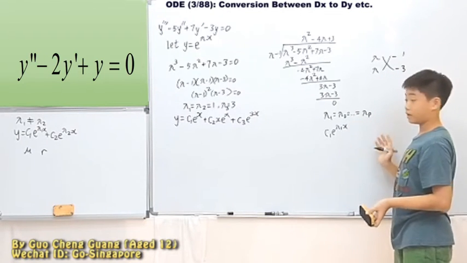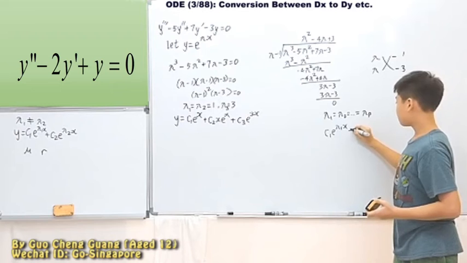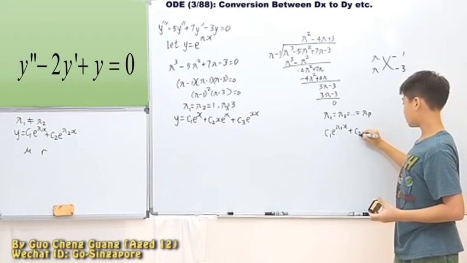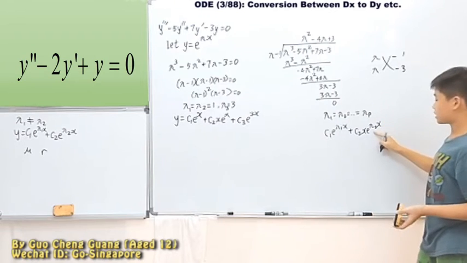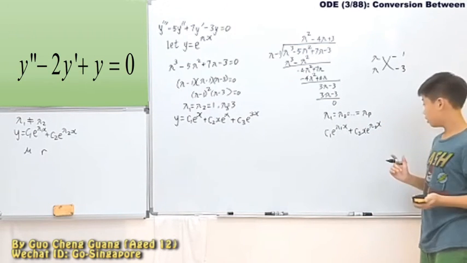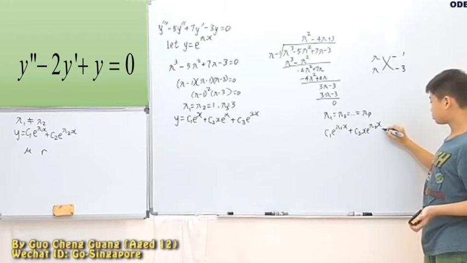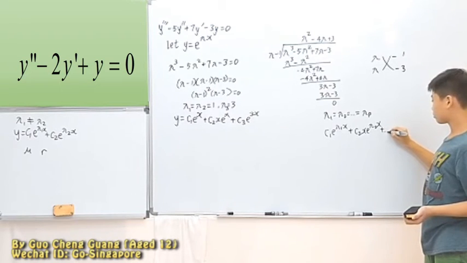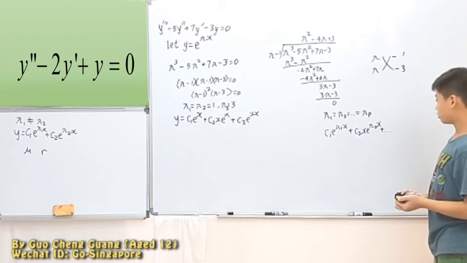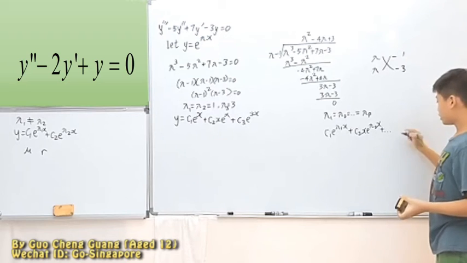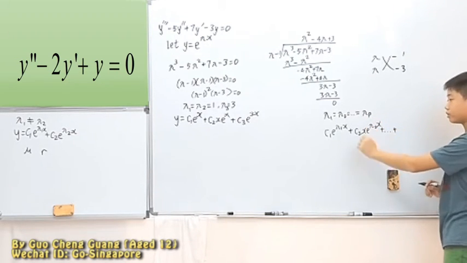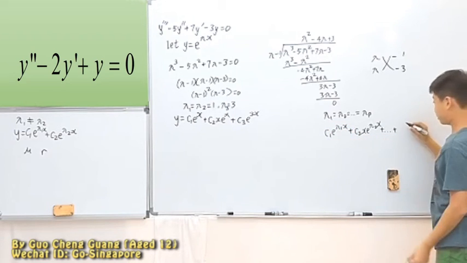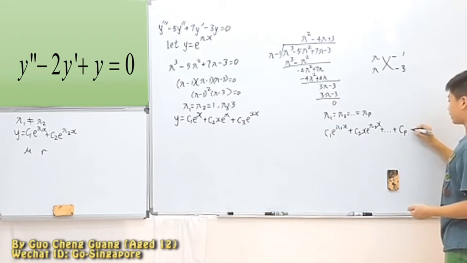Since all of them are the same, then plus C2 x e to the power of lambda 2 x, you can write lambda 2 in order not to confuse yourself. All the way until P, it's just like a pattern.